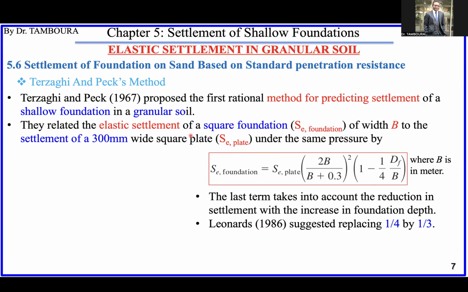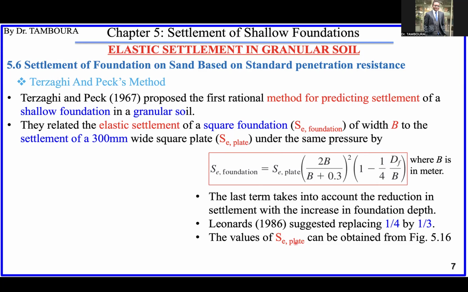After the work in 1986, this reference proposed that instead of 1/4, we use 1/3. Replace this value with 1/3. So if you put 3 instead of 4 here, the method becomes the method of Leonard 1986. That's the meaning.